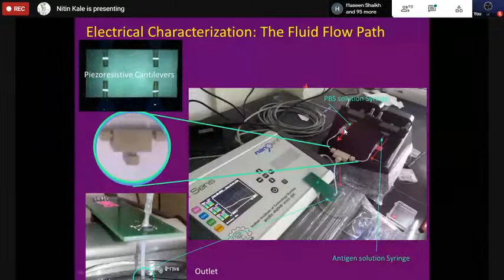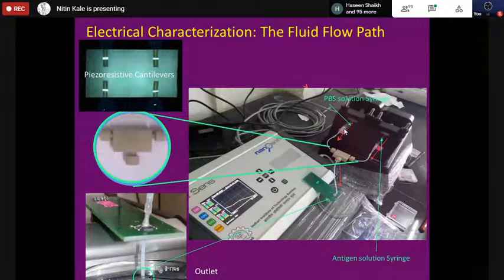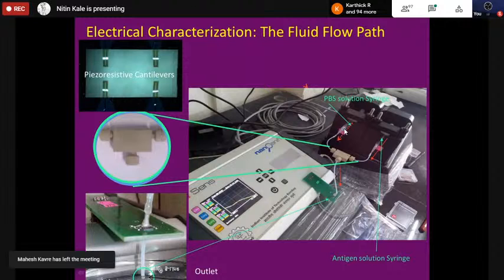Then you have the mechanical part, because you are going to flow liquids. So you need to cover the cantilever region so that the liquids do not seep away to the contact pad area. So the sealing should be proper. And then you have this as the inlet and this as the outlet.